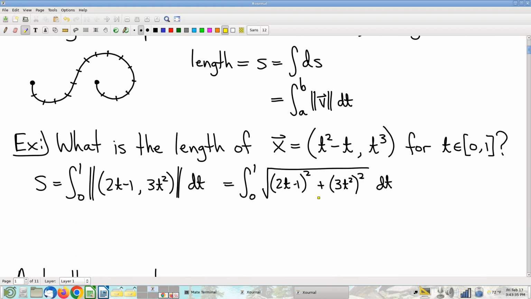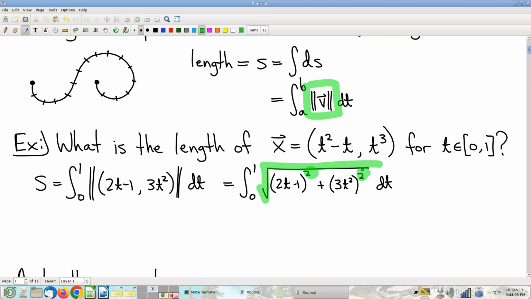The bad news, by the way, about these examples: if you look at the integrand of this integral, it's a magnitude. Magnitudes, of course, are square roots, the square root of the sum of the squares of the coordinates. That's how you compute magnitudes. And right off the bat, we're scared of the integral because integrals of square roots, we have a lot of experience with these being hard to do.